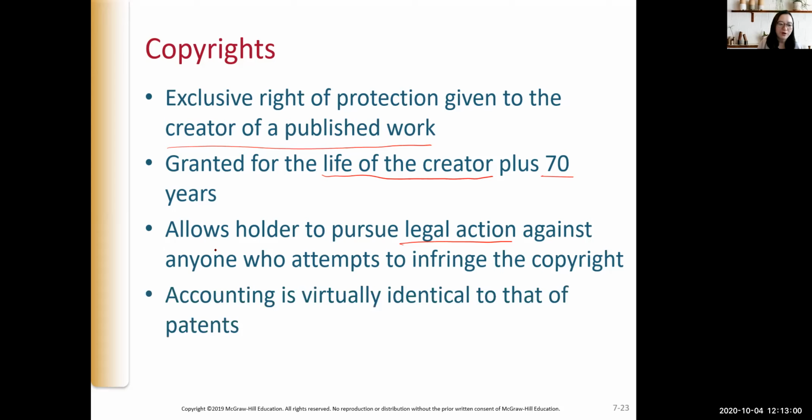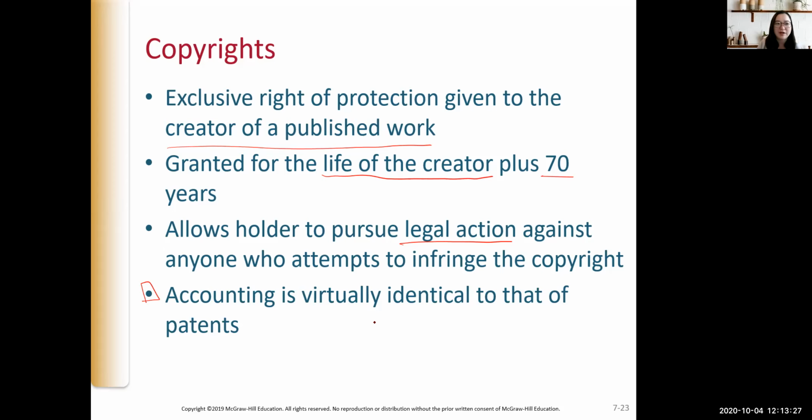Okay, so the accounting transaction related to a copyright is virtually identical to that of a patent. If you purchase it from someone else, you calculate the purchase price plus the legal and filing fees related to that purchase, and as a whole it goes on the balance sheet.